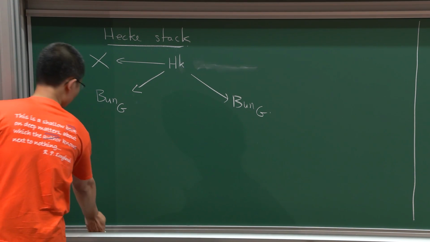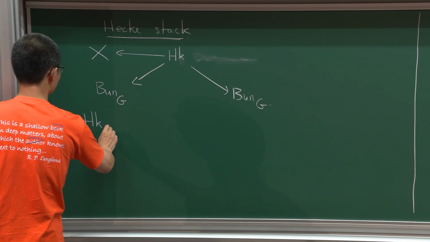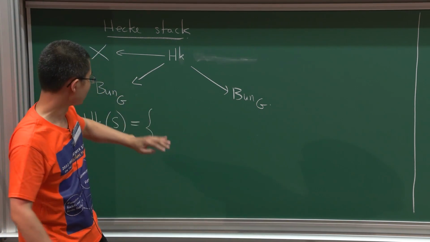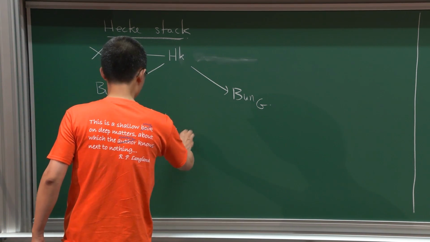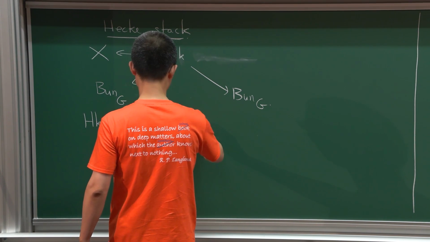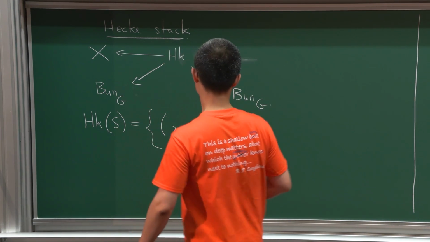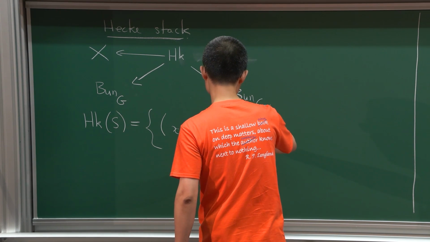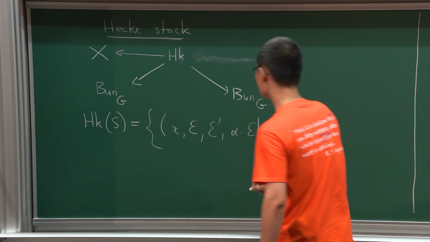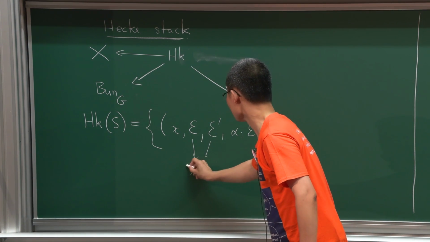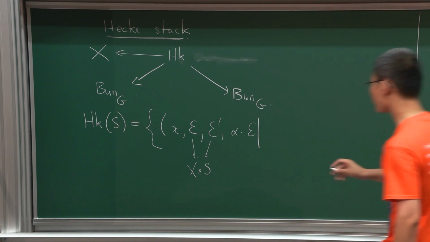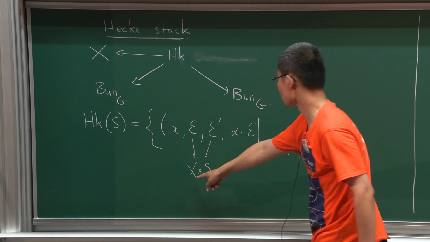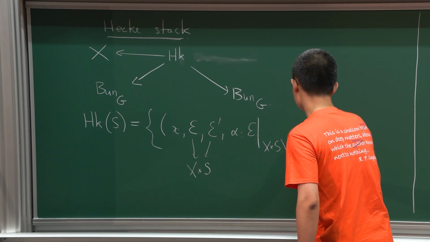In terms of functor of points, what it classifies, since it maps to all three, we need at least 3 pieces of data: a point in X, 2 bundles, and then, most importantly, the last piece, which is an isomorphism between E restricted to, so both E and E prime live on this product space X times S. I only require an isomorphism on open subsets of this product, by removing the graph of x.